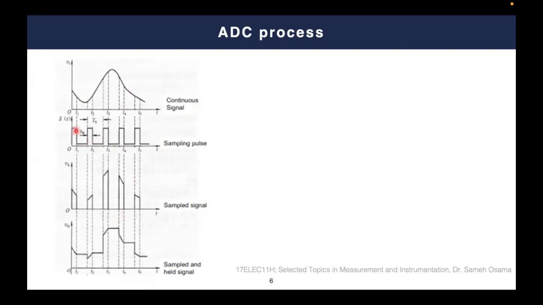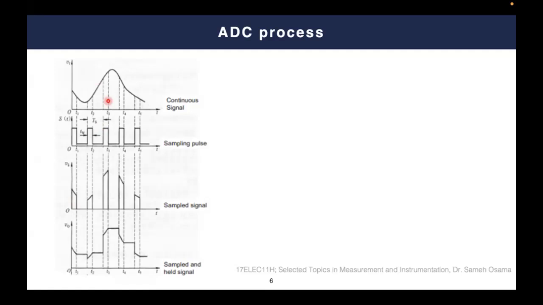And as the high state in the pulse is multiplied by the signal, simply the pulse will reshape its amplitude based on the signal amplitude, because simply you are multiplying anything by 1, you will get the same thing. So this is simply how you are sampling the signal. Of course, it's not that easy. And maybe in the next lecture, we are going to go to the electronics behind this process.